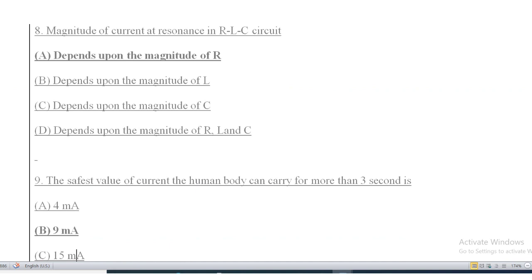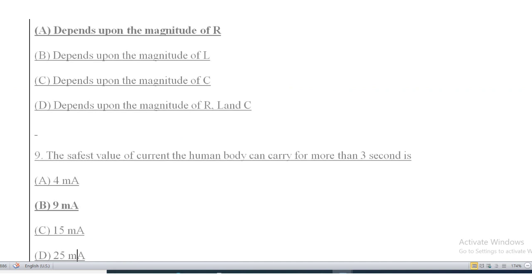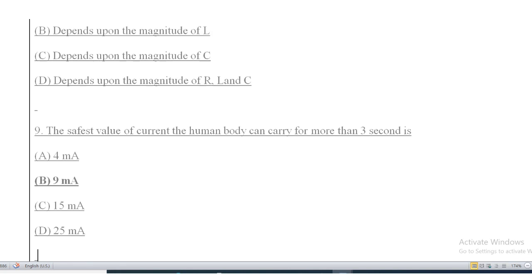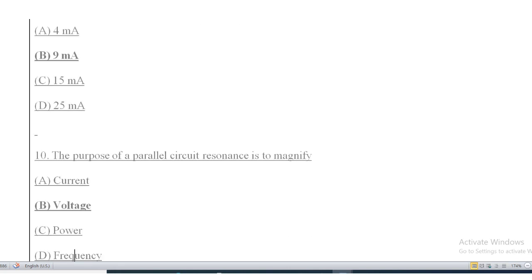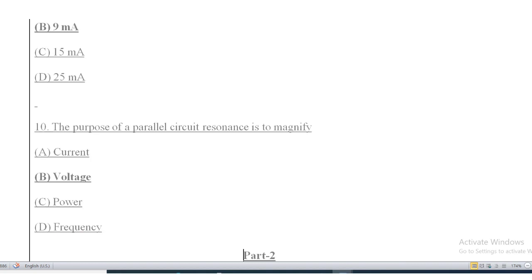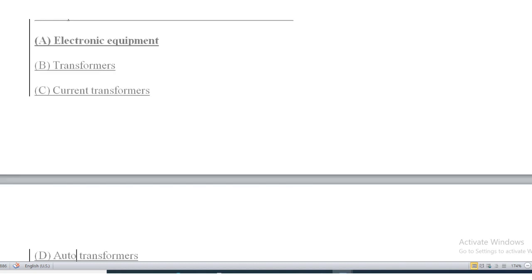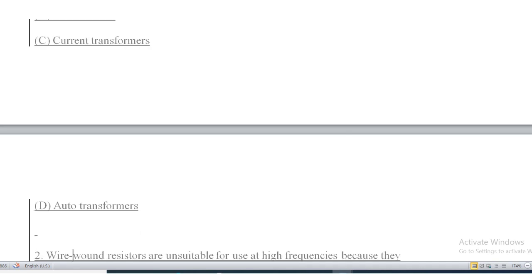The safest value of current the human body can carry for more than 3 seconds is 9 milliampere. Then the purpose of parallel circuit resonance is to magnify voltage. Part 2 of second chapter: power is measured in terms of decibel in case of electronic equipment.